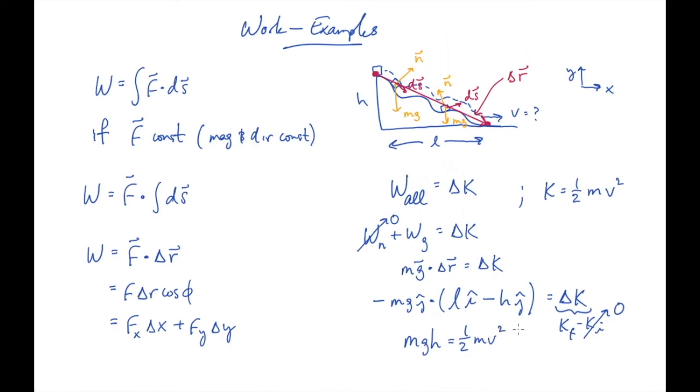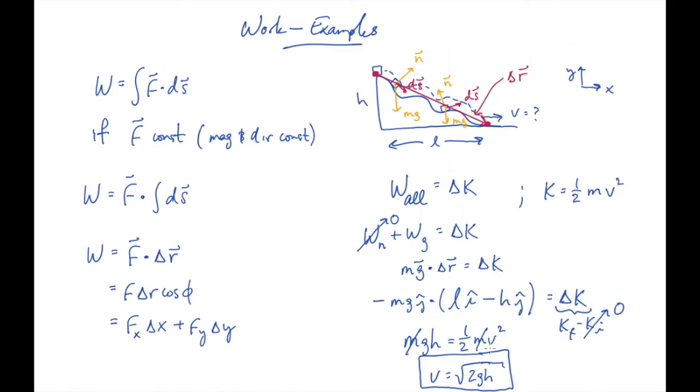So that v is this one. It's how fast the object is moving at the bottom of the bumpy slide. We can cancel the m, which is interesting, and solve for how fast this thing is moving. The speed is root 2gh, the height that the box fell through as it slid down this bumpy path.